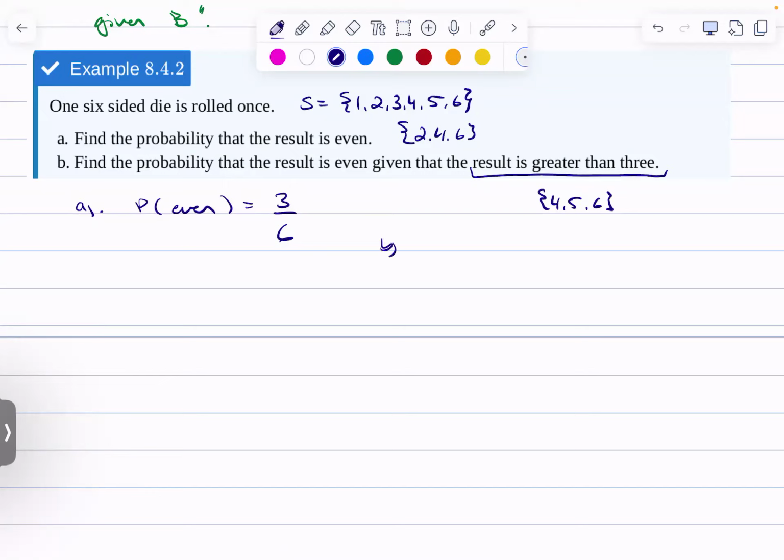So for B, the probability of even, given that it's greater than 3, is going to be 2 out of 3. Which is different.